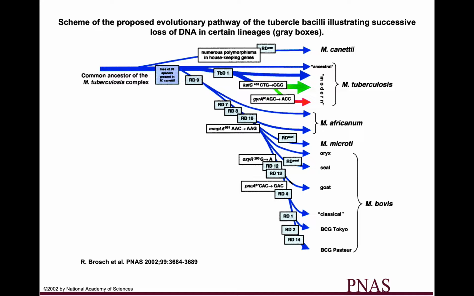Some of them infect the so-called M. bovis, which is found in cattle, but it's also found in seals and goats and oryxes. And this is the story that was told back then.